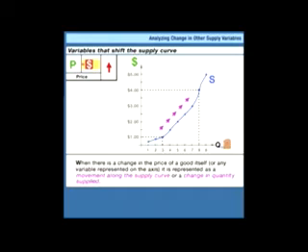We call this movement along the supply curve in response to a change in the price of bread, a change in quantity supplied. When the price of bread increases, we move up the supply curve. The quantity increases. When the price of bread falls, we move down the supply curve. The quantity supplied decreases.